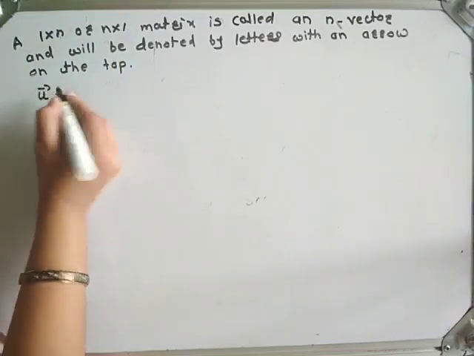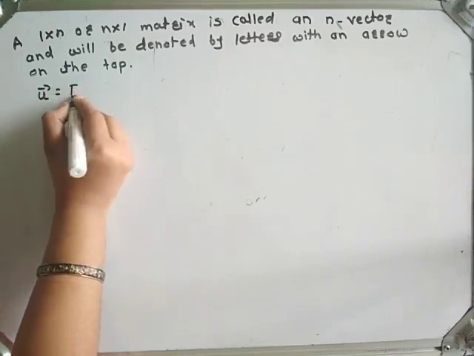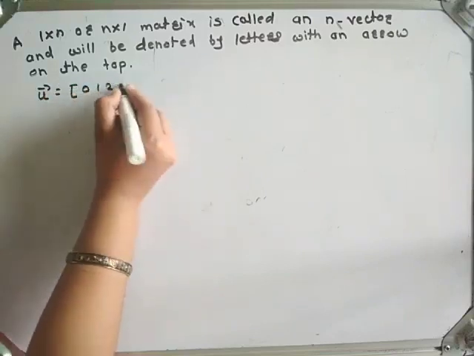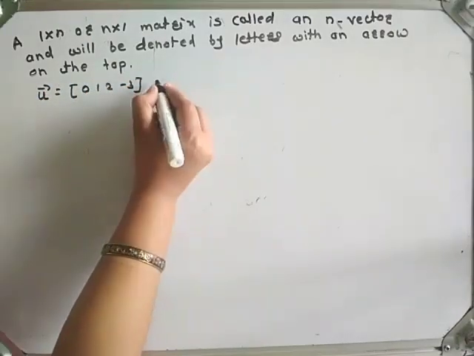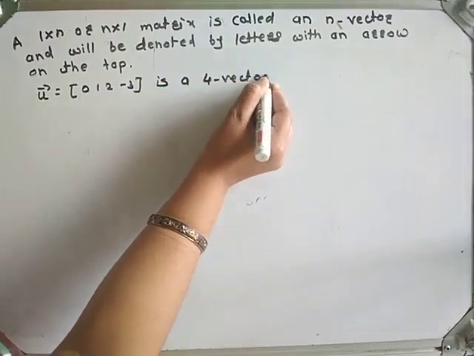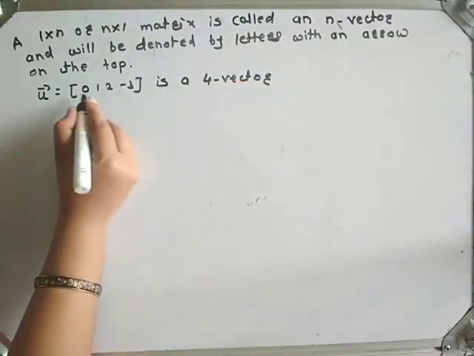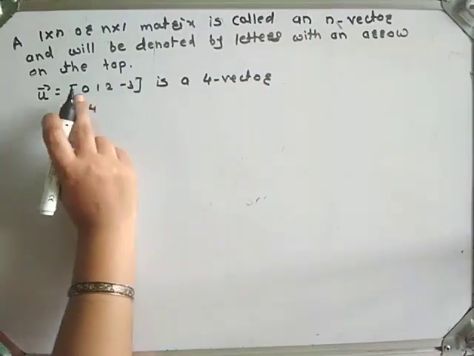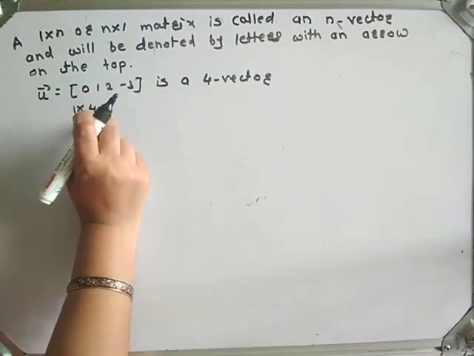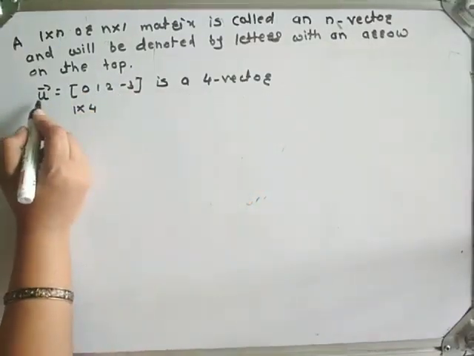For example, u bar is equal to the matrix 0 1 2 minus 3, which is a 4 vector. Since the size of this matrix is 1 by 4, the number of rows is 1 and the number of columns is 4, therefore it is a 4 vector. Why u bar?